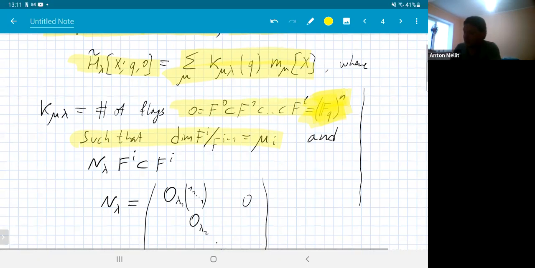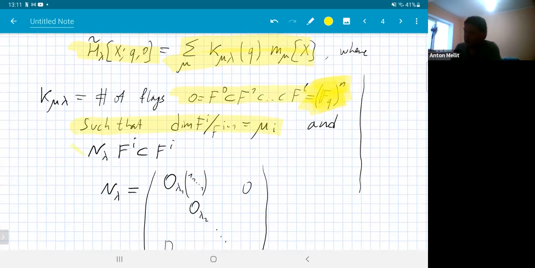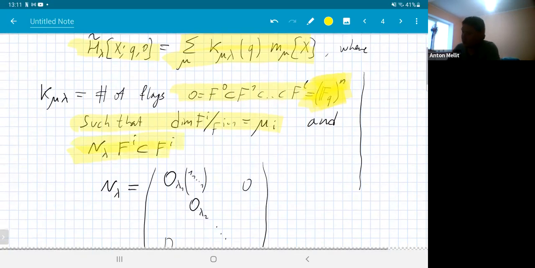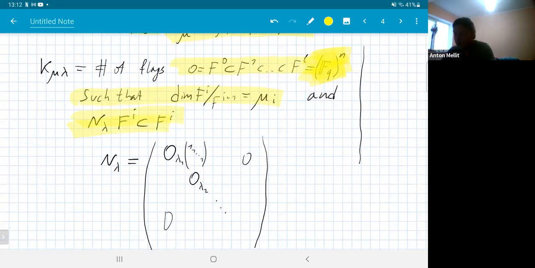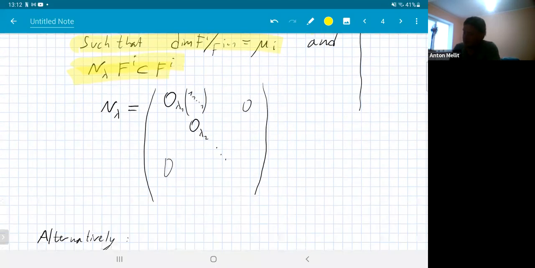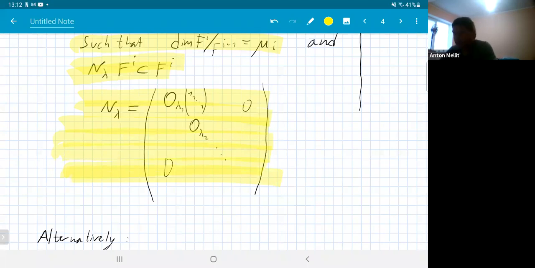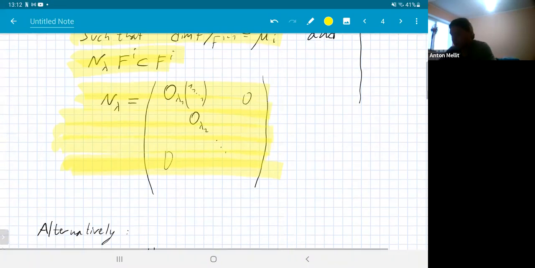And what does lambda stand for? There is an extra condition: these flags must be fixed by a fixed nilpotent matrix N_lambda. And what is this N_lambda? It is block upper triangular. It is zeros on the diagonal blocks, but it is 1s on the blocks one above the diagonal, and the sizes of the blocks are the lambda_i.